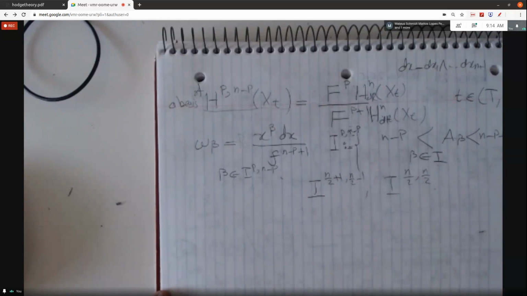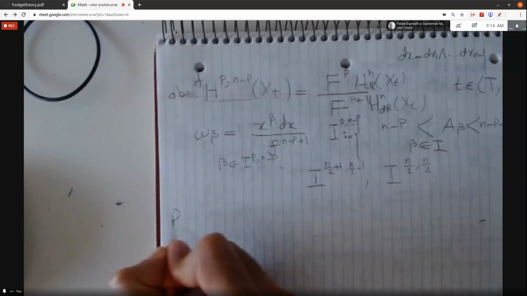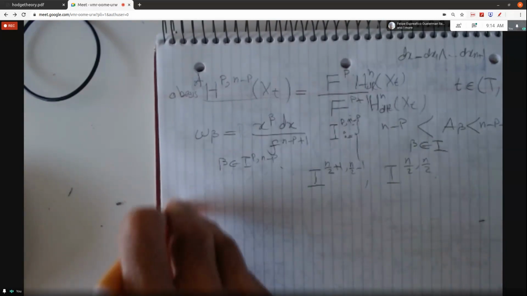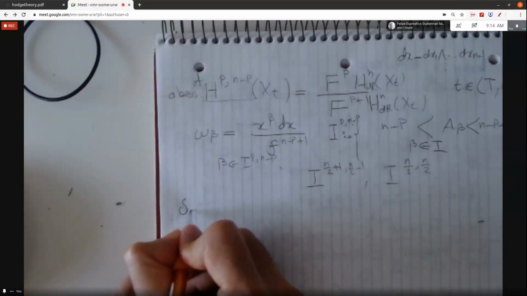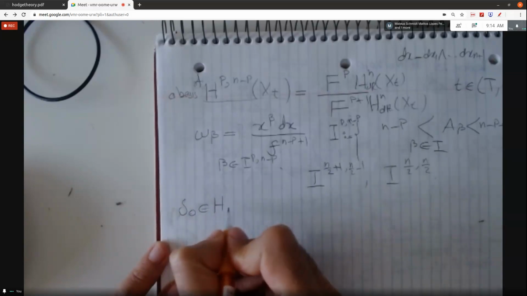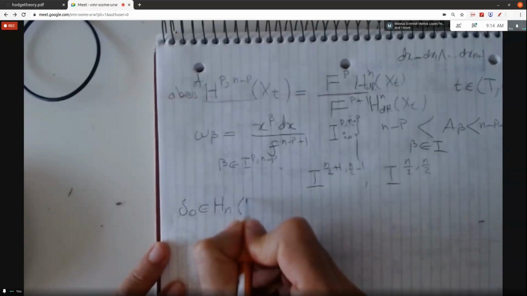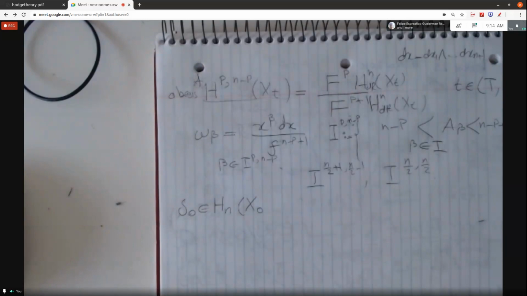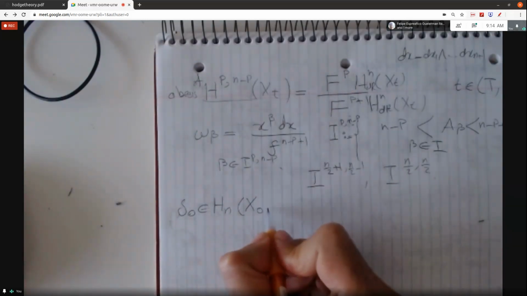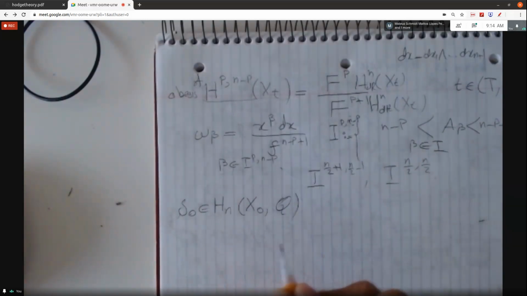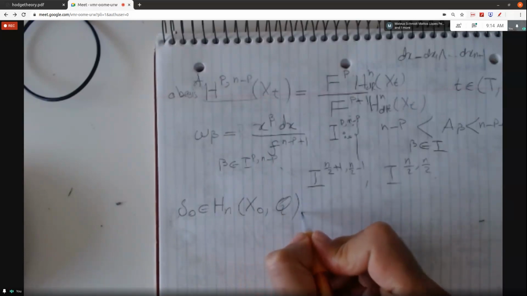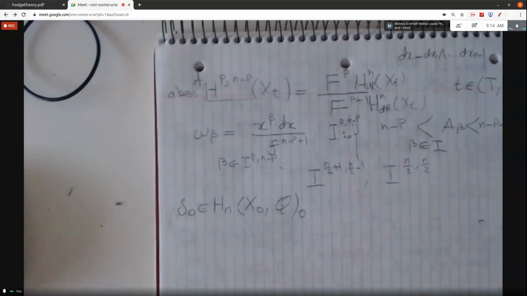And in particular, I took a Hodge cycle delta_0 in H_n of the Fermat. Now this X_0 is the Fermat, the complex copy, and I took it in the affine part. So affine part means that it induces an element in the primitive part of the homology.